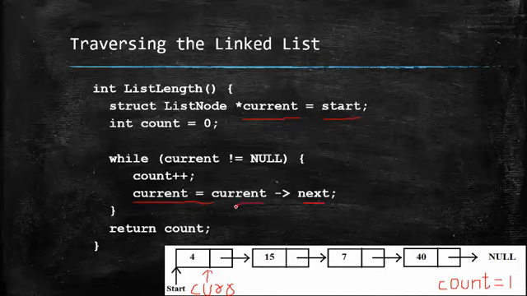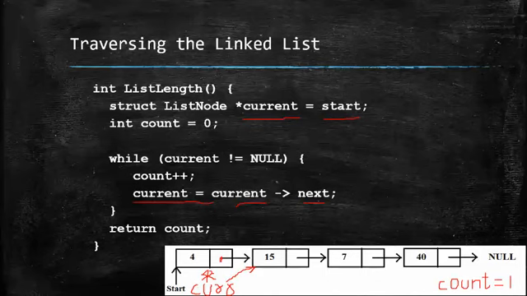That means the next pointer of this current is pointing to the next element. So let us make current point to the next of current. We should make this current point to the element which is currently being pointed to by next of current. So we have to disconnect this and make current start pointing to this.